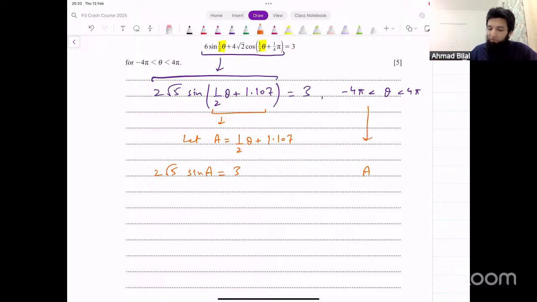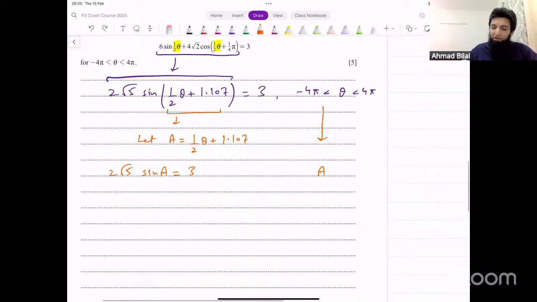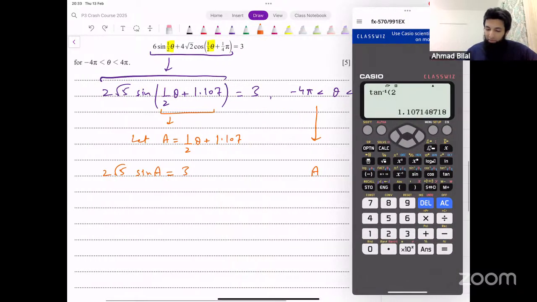What's the interval for a going to be? We input minus 4 pi here and see what that gives us. In place of theta, you input minus 4 pi, right? So you have minus 4 pi divided by 2 plus 1.107.